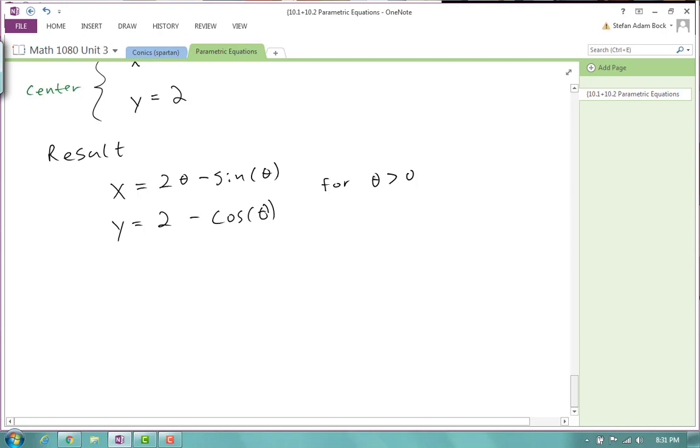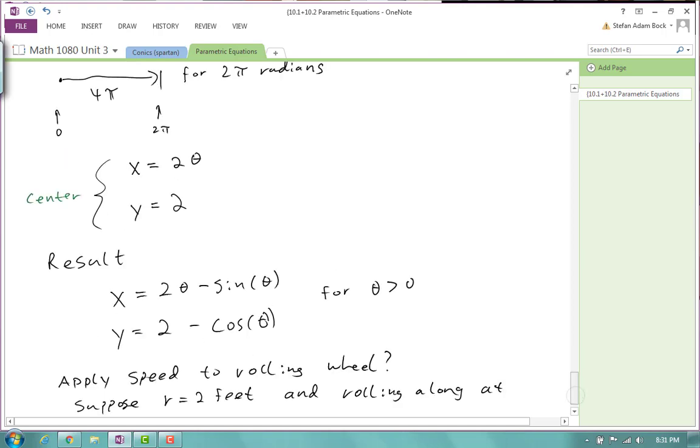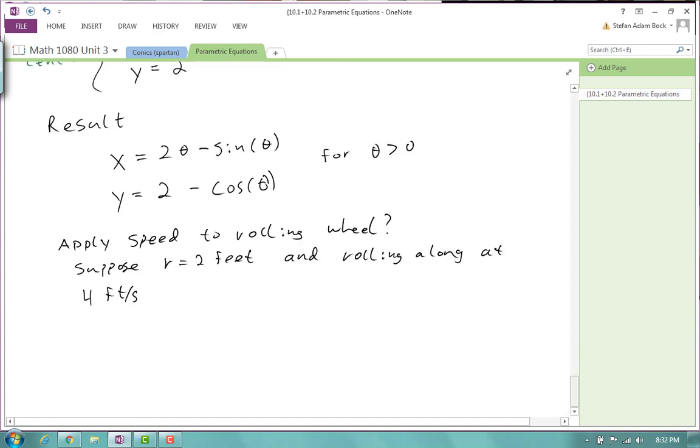So my question is, what if I applied a speed to this wheel? So let's suppose that this wheel is rolling along at 4 feet per second. That means I should follow my x coordinate for my center to try to find out what theta will be in terms of time, t.